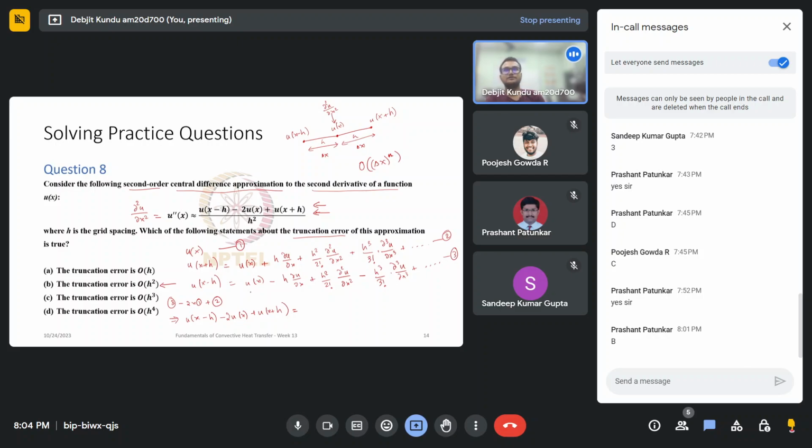So this first term u(x) cancels out. I have 1 u(x) from here, 1 u(x) from there, and minus 2 u(x) from here. So that cancels out and gives me 0 for the first term. Then for the second term, where I have h into ∂u/∂x, there I have plus and minus, so this and this would cancel out, right?